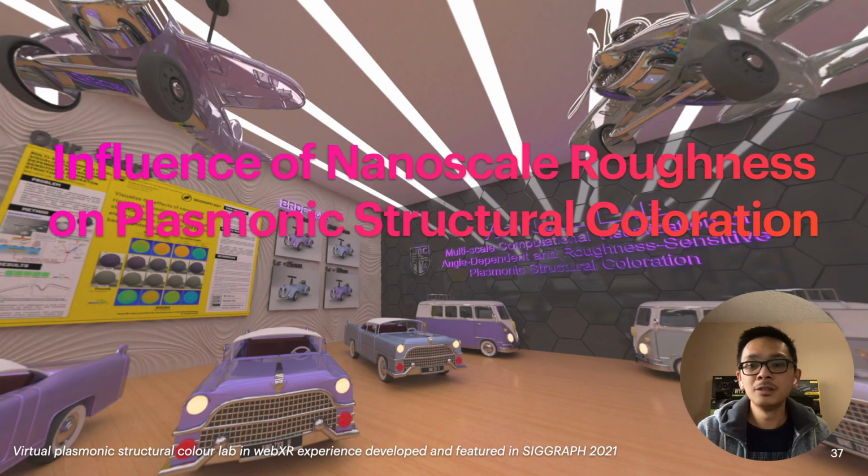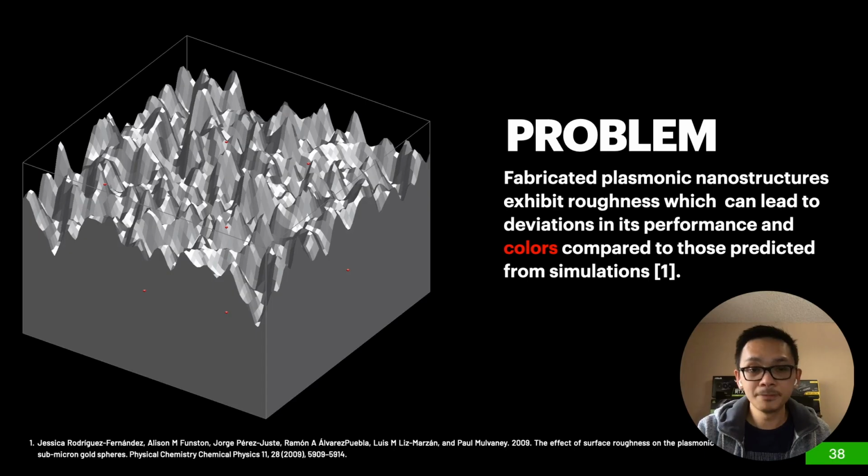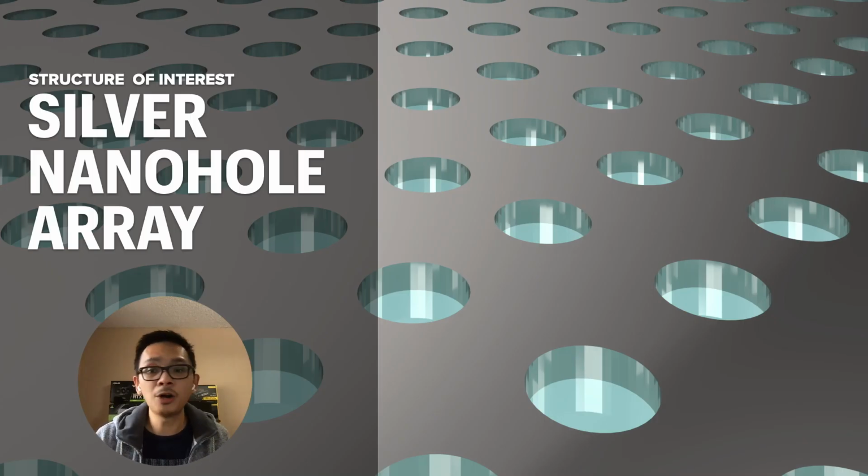Next, we want to study the color generation due to nanoscale roughness, because we know the fabricated sample is not always perfectly smooth, so it still has some level of surface irregularity at the nanoscale. To study the effect of this on color generation, we use a silver nanohole array as the study case.